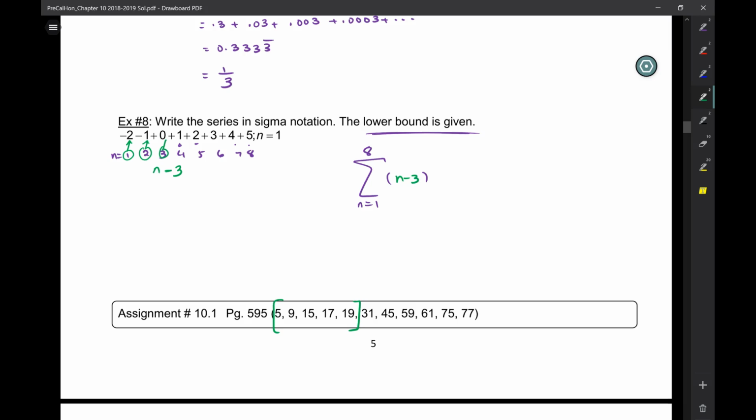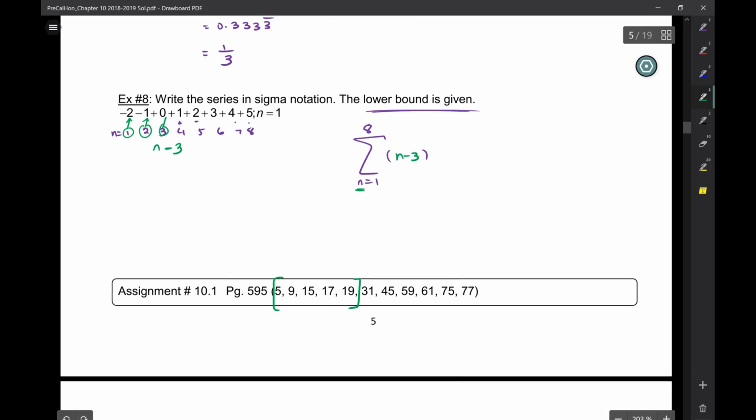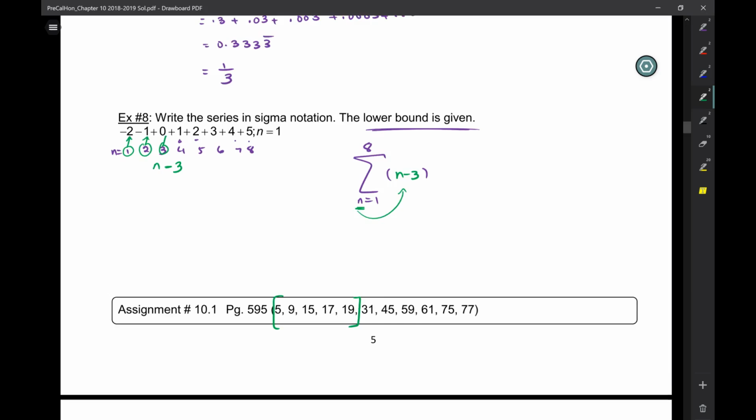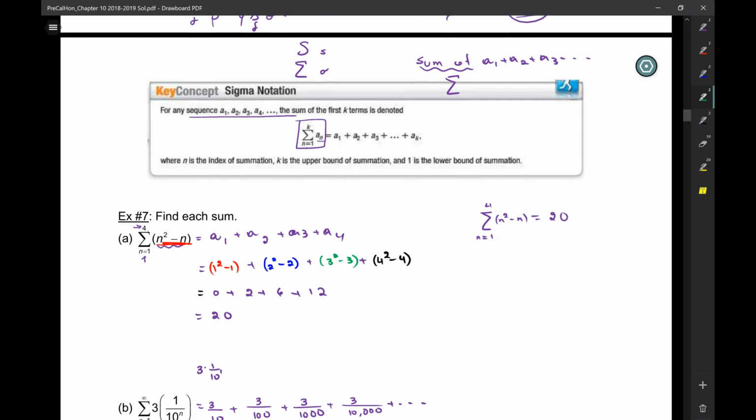And now, whatever this is, that counter, that'll be the same variable as in there. How come it's not for the thing at the very top? It is. So a sub n, that's the formula. So the formula for a sub n in this case is n minus 3.